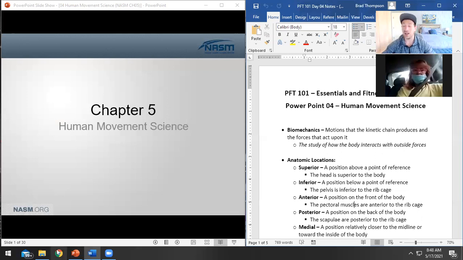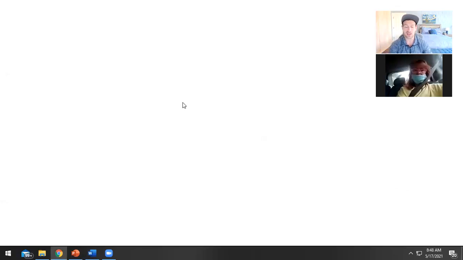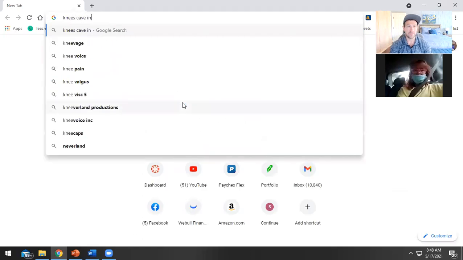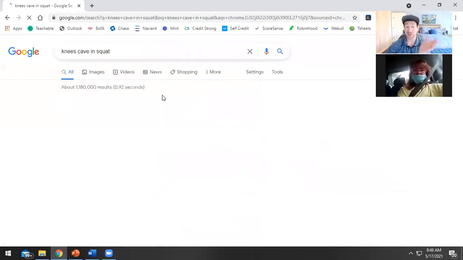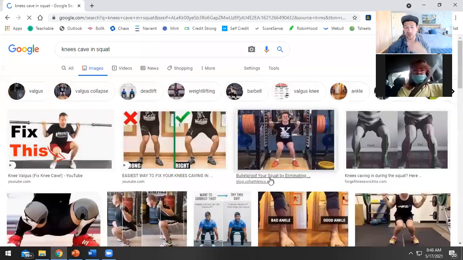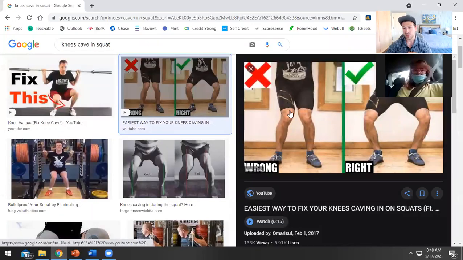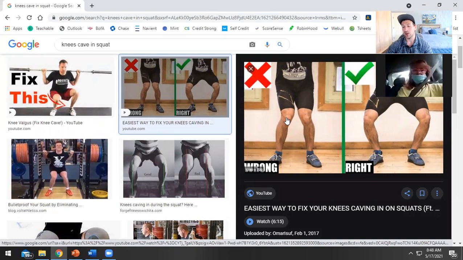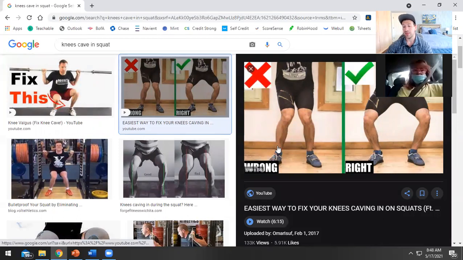Because if we look at a client whose knees are caving in, this is why the language is so important. We've got to remember, what's going on in this joint right here? That's external rotation. In relation to the femur, this tibia down here is externally rotated.